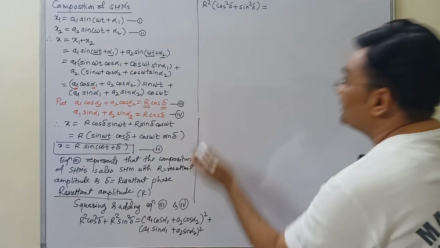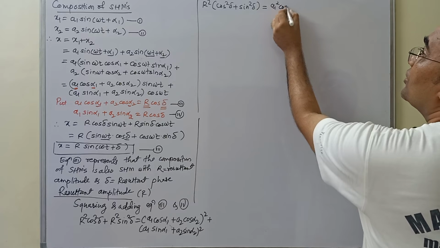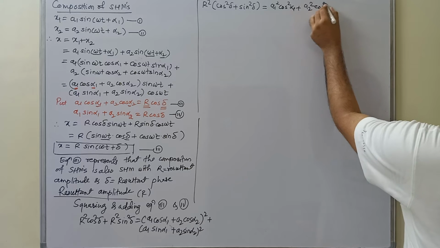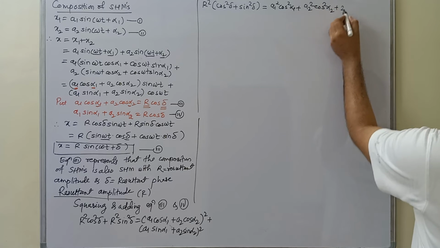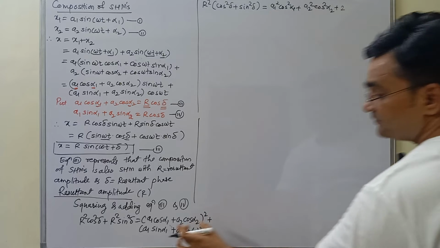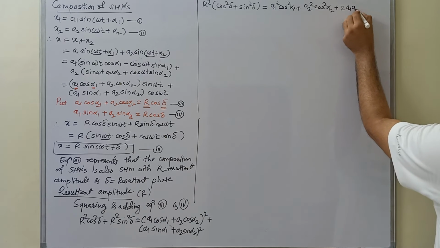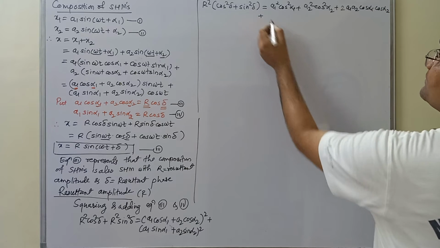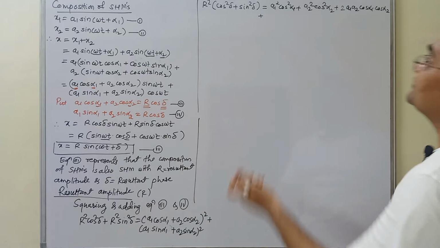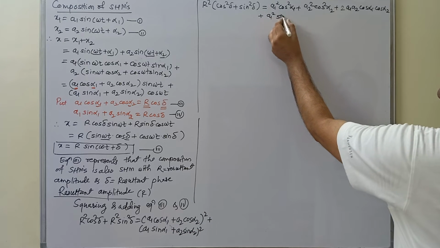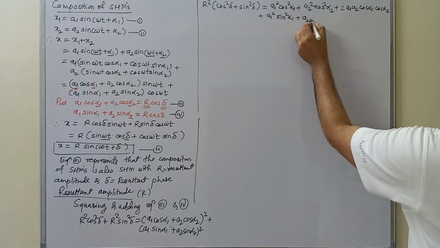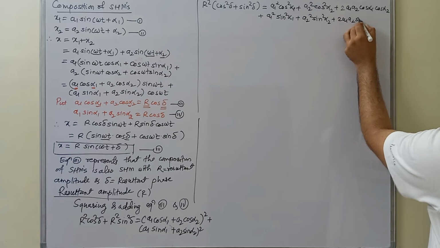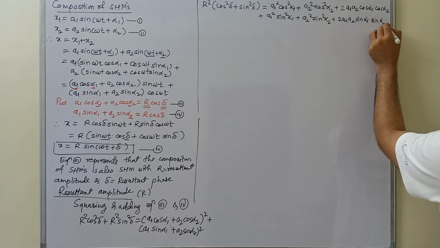A1 square cos square alpha 1 plus A2 square cos square alpha 2 plus 2 A1 A2 cos alpha 1 into cos alpha 2, plus the same for sin: A1 square sin square alpha 1 plus A2 square sin square alpha 2 plus 2A1 A2 sin alpha 1 into sin alpha 2.